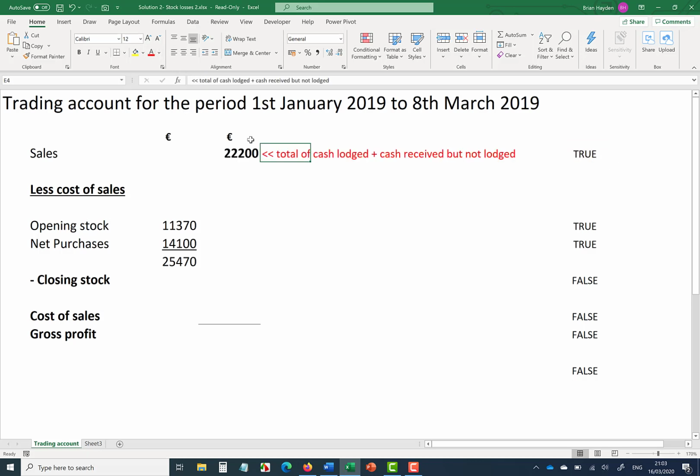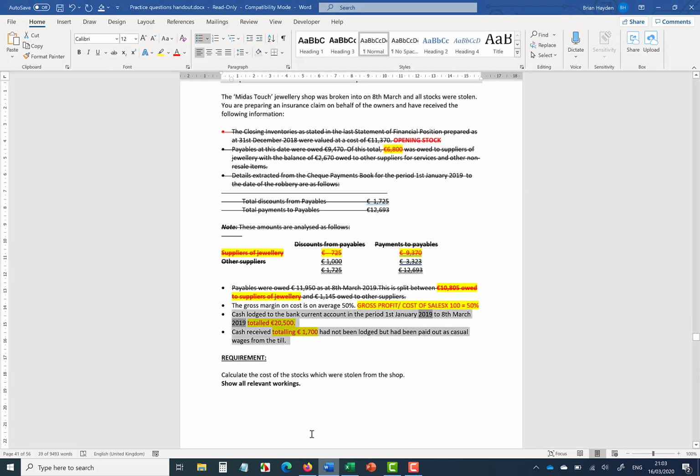Okay, so that's the total of the cash lodged plus the cash received but not lodged. So now we have sales, and we've got this value here, 25,470, but we're still missing our closing stock and our cost of sales and our gross profit. So that data on the question is used. So we're left with this final statement to see how we can use that.